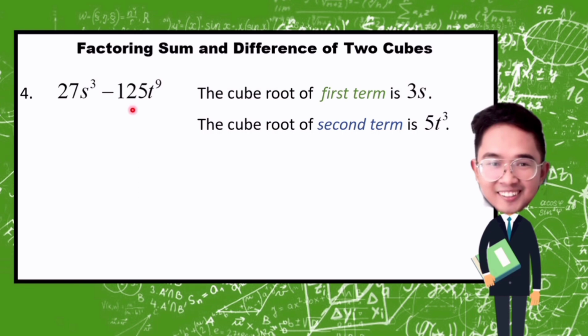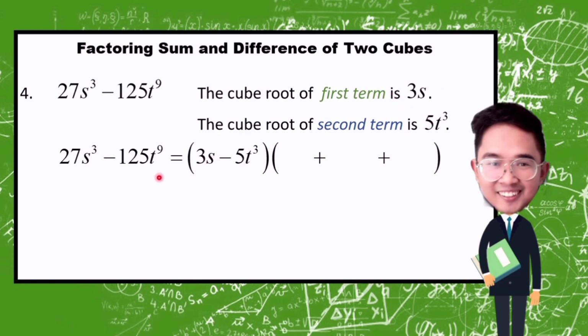Excellent! The answer is 5t cubed. Since this is difference of two cubes, we need to use this pattern. What are you going to do with the cube root of first term and second term? Very good. We need to input the cube root of the first term and second term to your binomial.